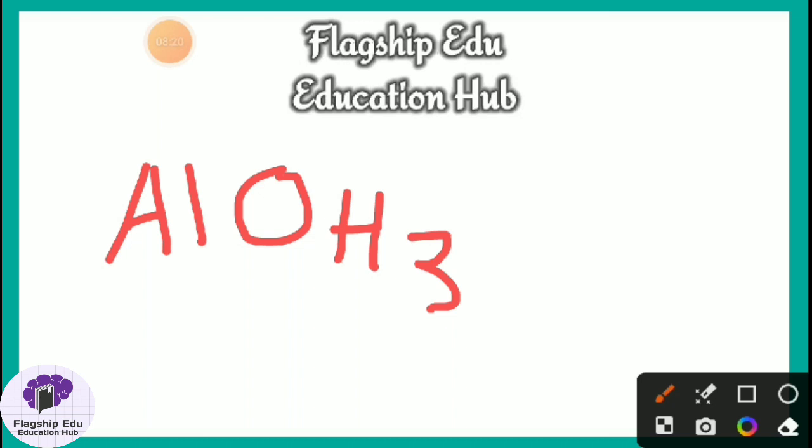O and H are together, so you have to put O and H in parentheses. After that it is done. Al(OH)3 is the chemical formula of aluminium hydroxide.